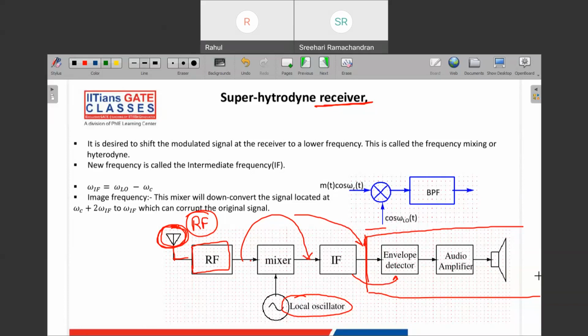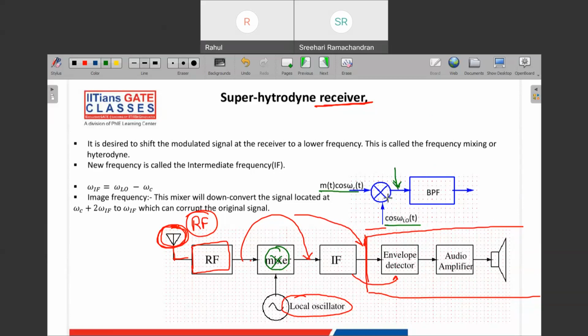Now, this mixer is actually the multiplier that we discussed in the DSB-SC signal. You have the modulated signal multiplied with cos omega_LO t, and you get back a signal here, and then do some processing to get back the original message signal.